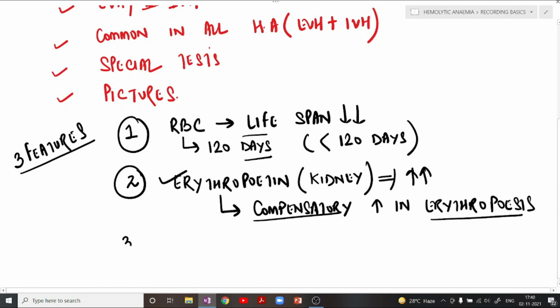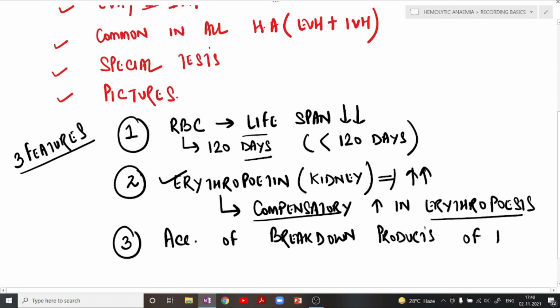And the third very important feature of hemolytic anemia is the accumulation of breakdown products of hemoglobin.